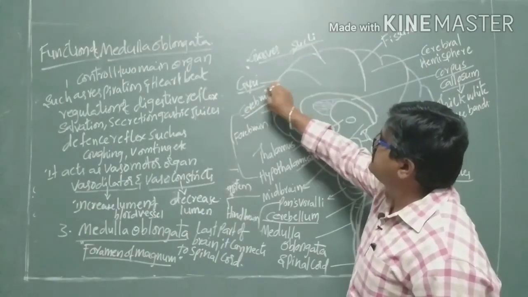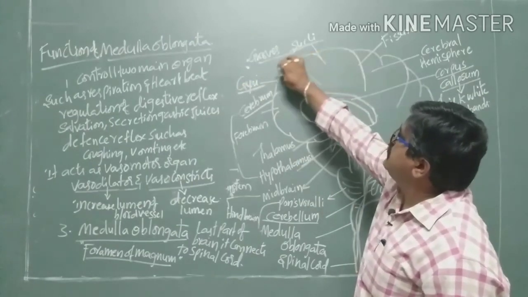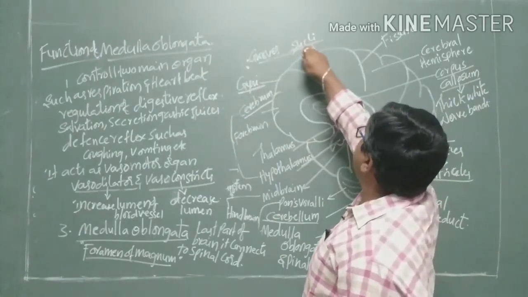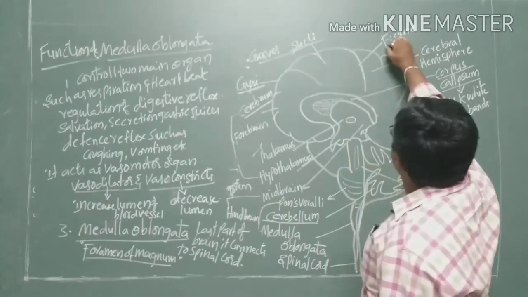The muscular foldings are called gyri, the grooves are called sulci, and the deep sulci are called fissures.